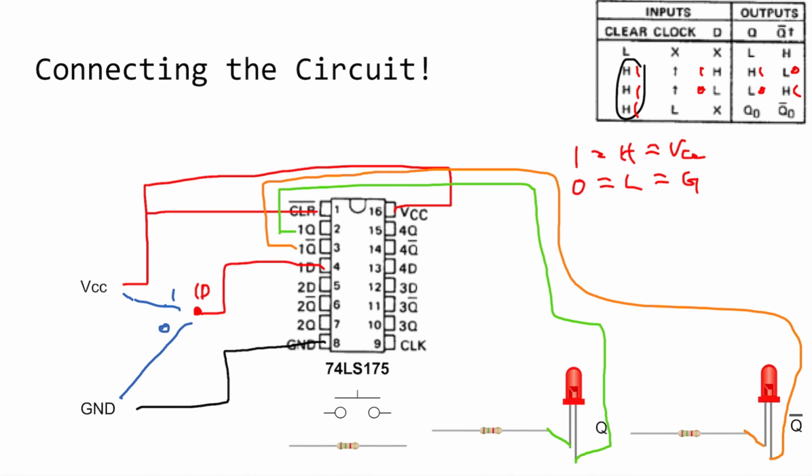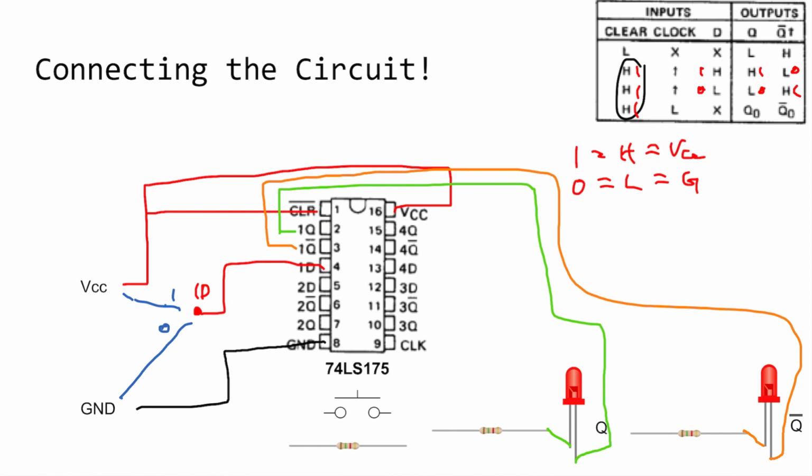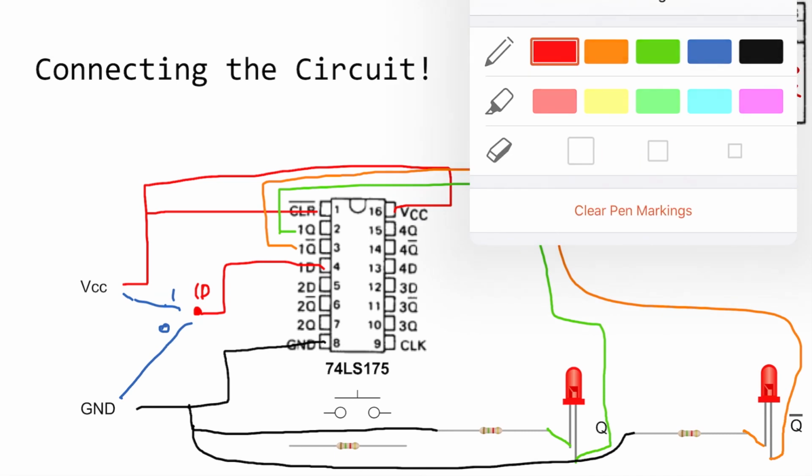Then the negative terminal is connected to the resistor. The resistor, of course, is connected to ground, same on the other side, to ground. Alright, now we are going to do the circuit for the clock.